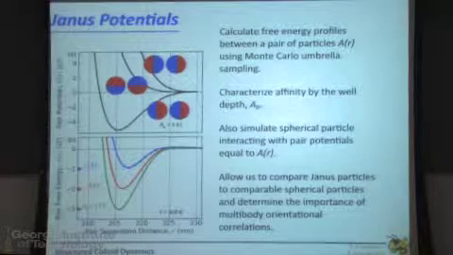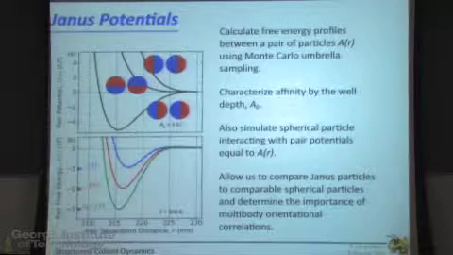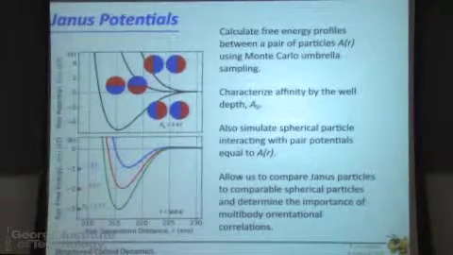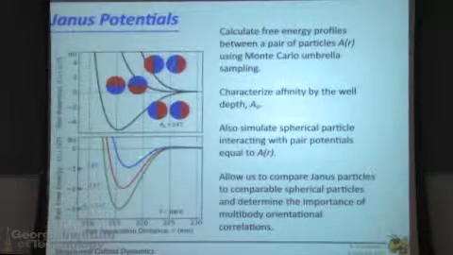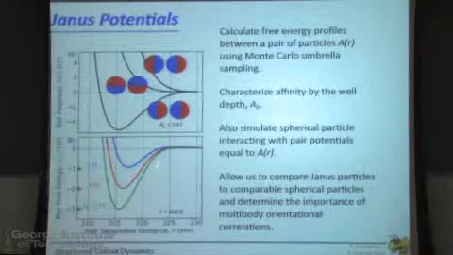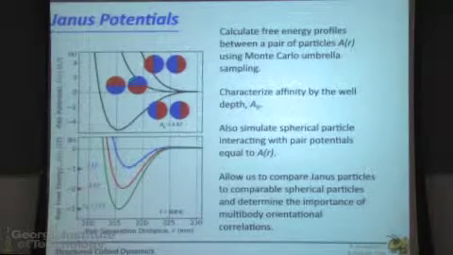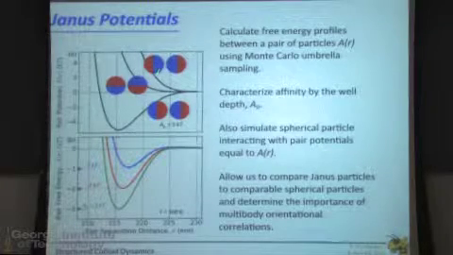So you weigh them through the Boltzmann factor according to the potential. You take that average, and that is some value that is going to be in between, and that's what's shown here. These are the average potentials where I average over all the orientations for different values of the charge density of these particles.